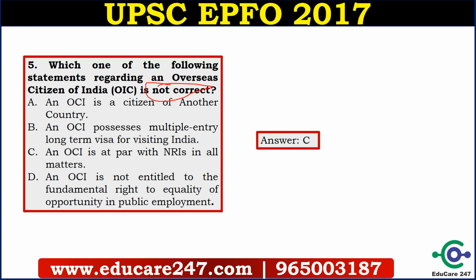See, not in all matters. Whenever you see all, only, this kind of statement is mostly incorrect, so be careful. And the fourth statement is, an OCI is not entitled to the fundamental right to equality of opportunity in public employment. This is a correct statement. Basically, they are not entitled in public employment. So here the answer is C, because not correct has been asked.